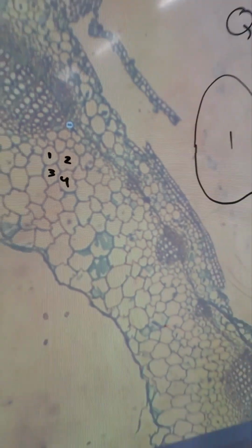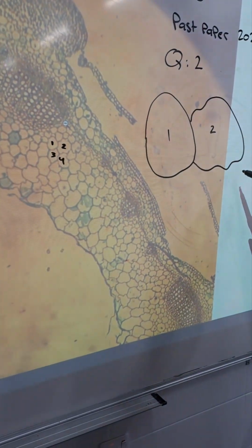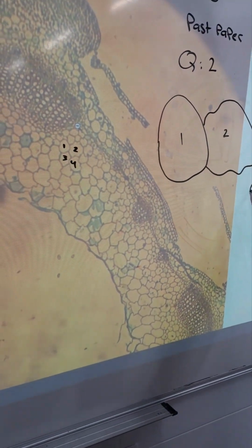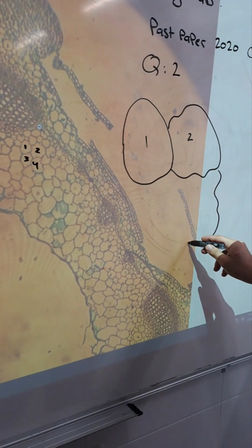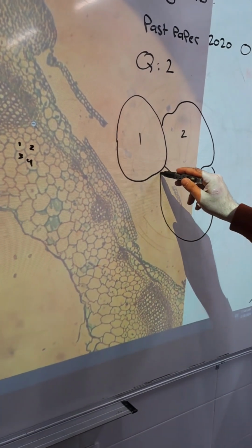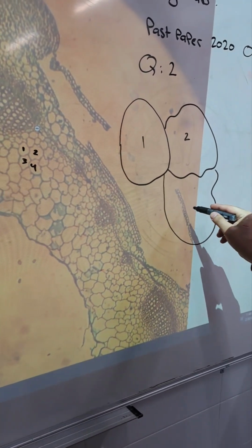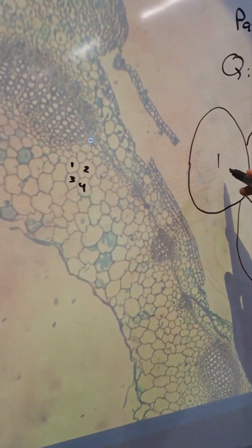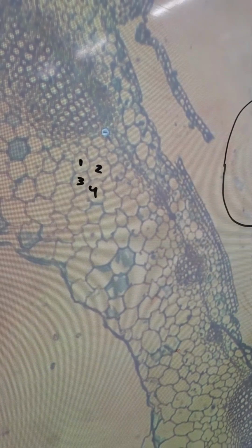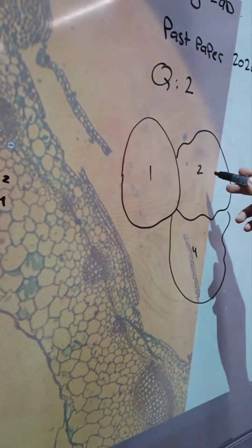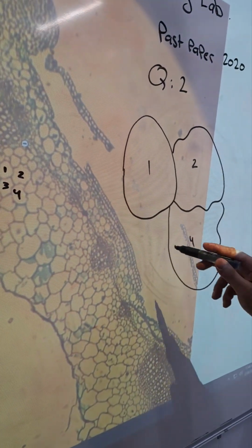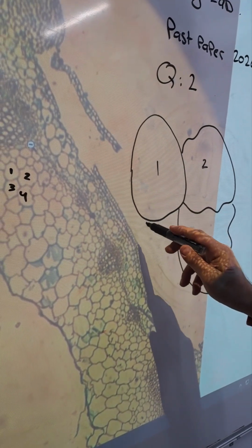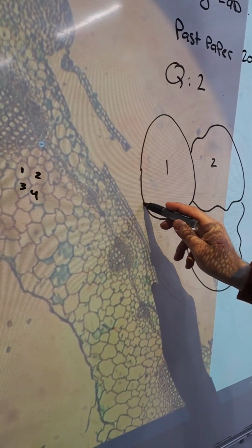Now, cell number 4 is something like this. So this is how we draw cell number 4. Make sure that cell number 1 touches number 2 as well as number 4. Number 4 touches 2 and 1, as you can see in the real view.